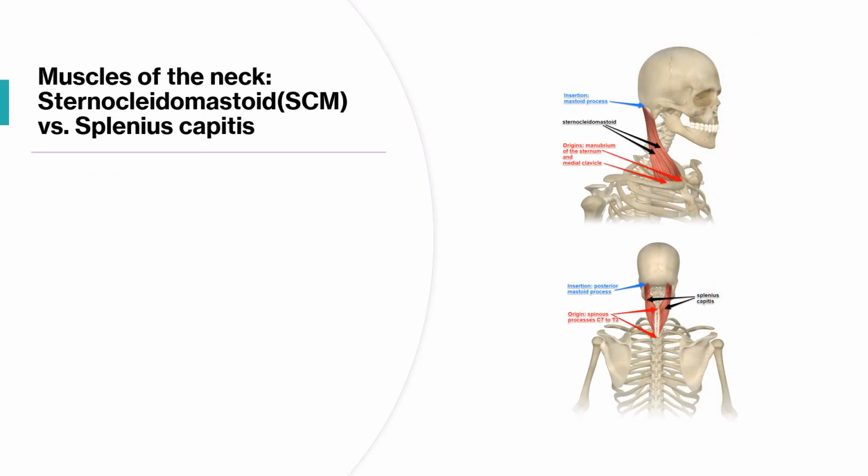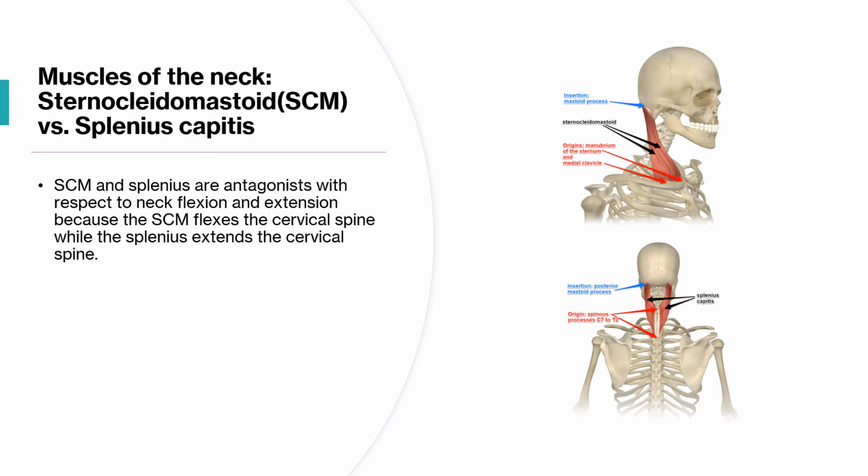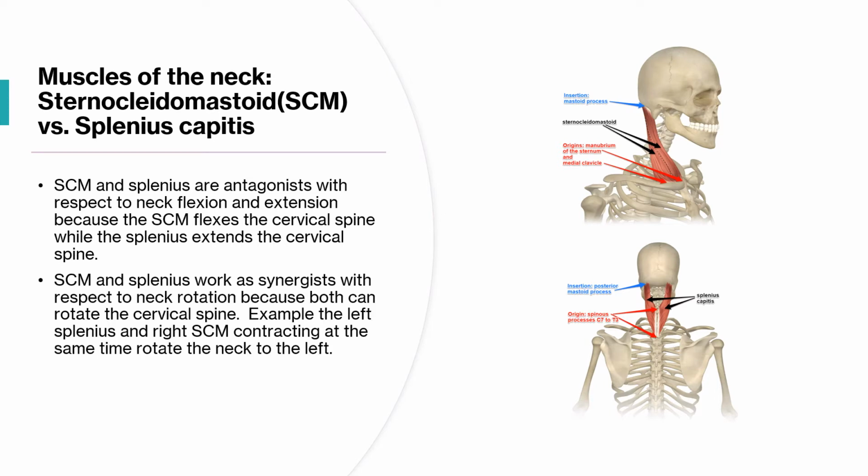Sternocleidomastoid versus the Splenius capitis. The sternocleidomastoid and Splenius capitis are antagonists with respect to neck flexion and extension, because the sternocleidomastoid flexes the cervical spine, while the Splenius capitis extends the cervical spine. They work as synergists with respect to neck rotation, because both can rotate the cervical spine.